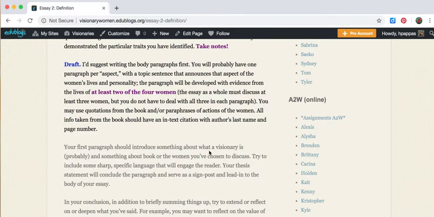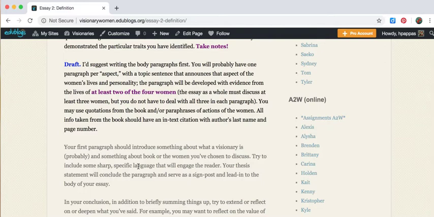Try to write something that has some sharp details, some well chosen words, some nicely balanced sentences, something stylistic that demonstrates to your reader what a splendid writer you are. You also want to try to engage the reader in addition to introducing your topic.